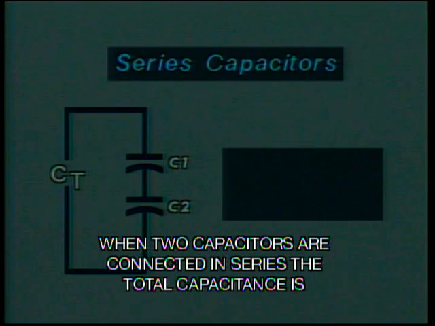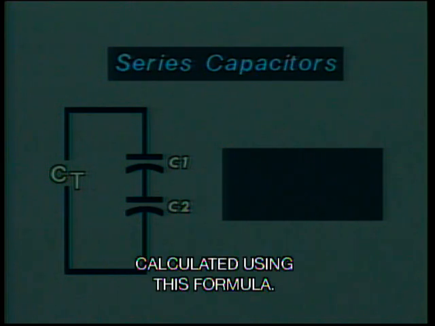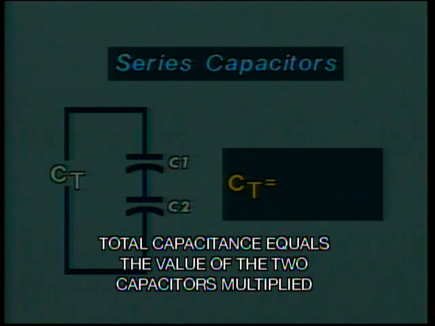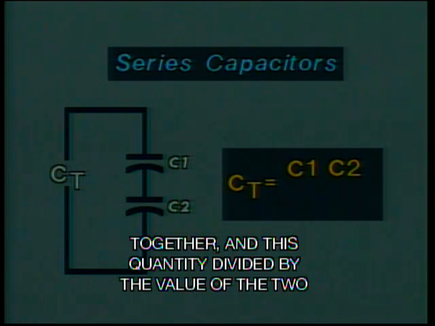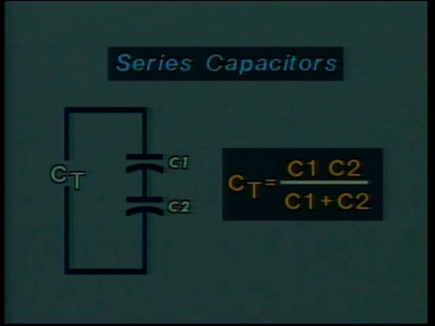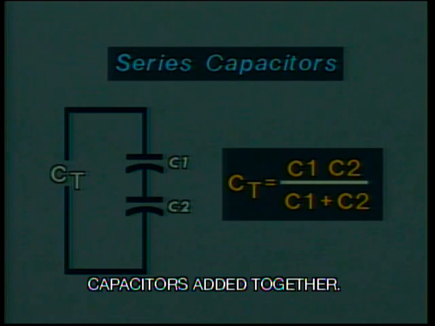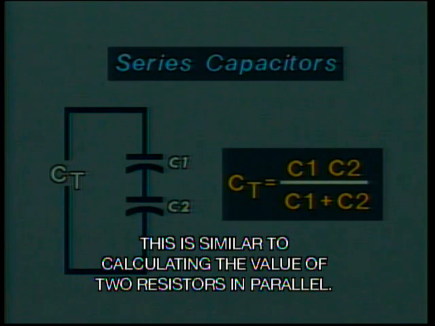When 2 capacitors are connected in series, the total capacitance is calculated using this formula. Total capacitance equals the value of the 2 capacitors multiplied together, and this quantity divided by the value of the 2 capacitors added together. This is similar to calculating the value of 2 resistors in parallel.